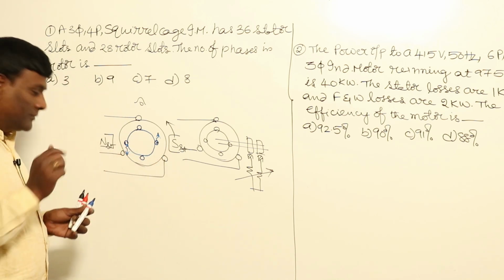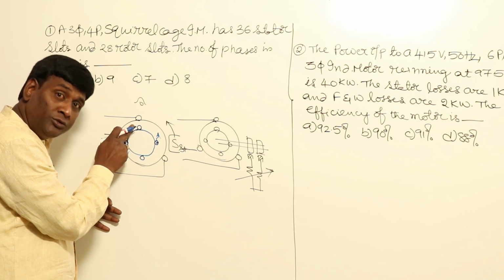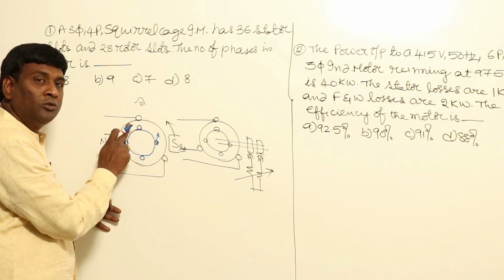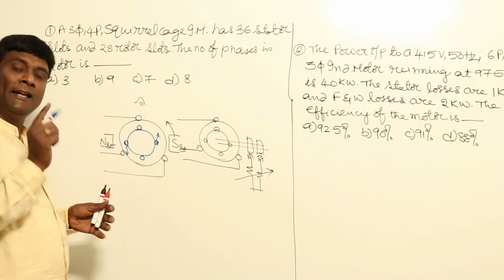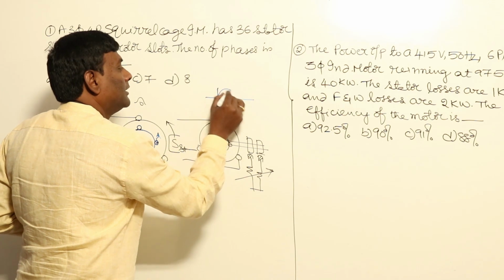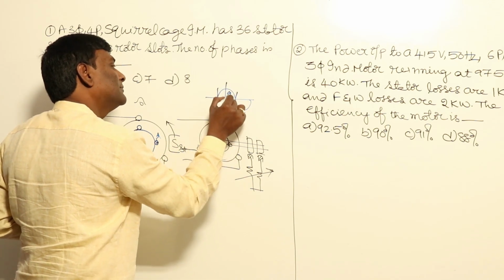so it is closed. Now, whenever it is having maximum positive, how much is this induced voltage? 0. How much is this induced voltage? 0. So, maximum to 0, how much will be the time displacement? 90 degrees. Even if you think of sinusoid, maximum to 0, what is the angle? 90 degrees.